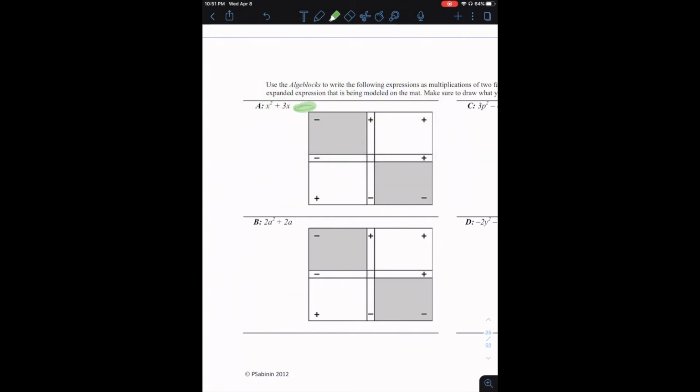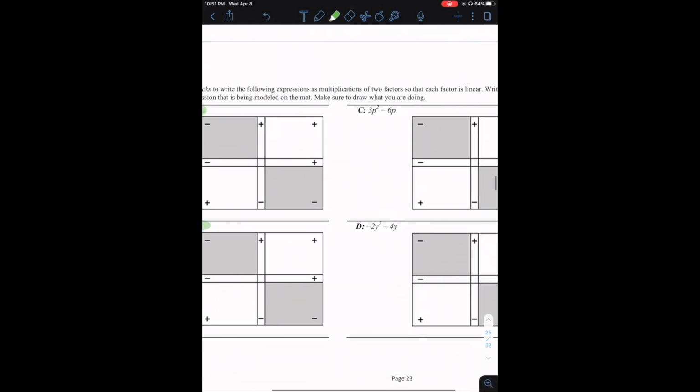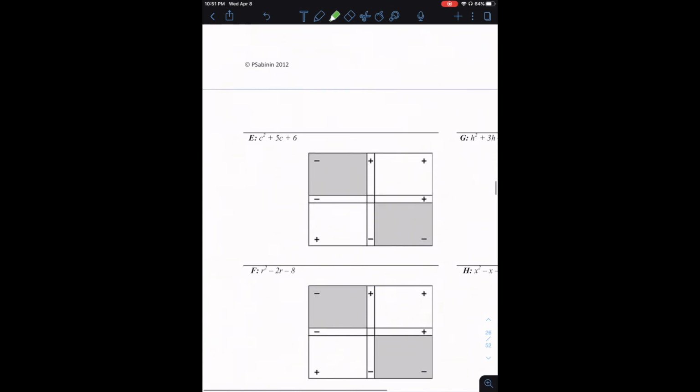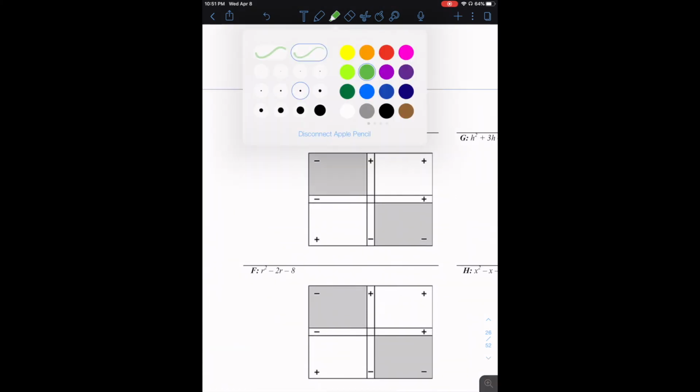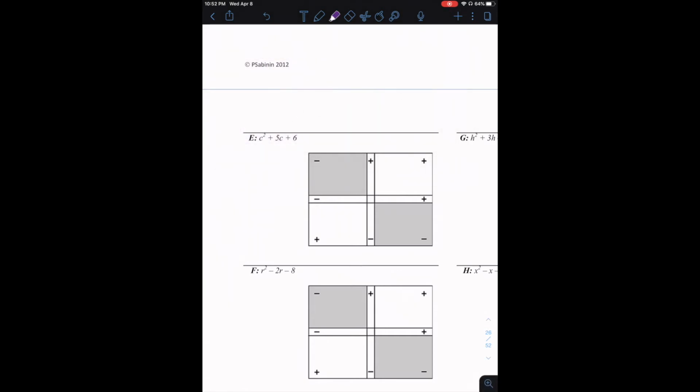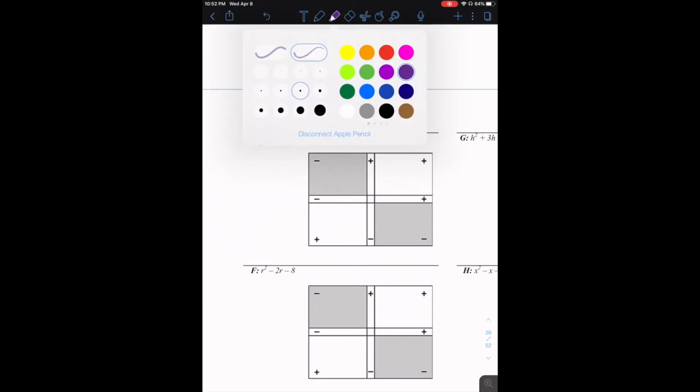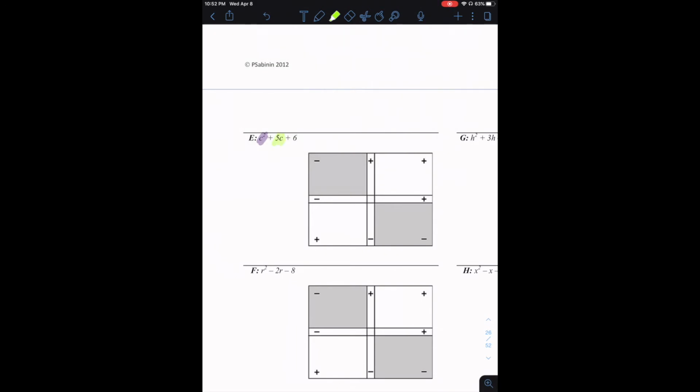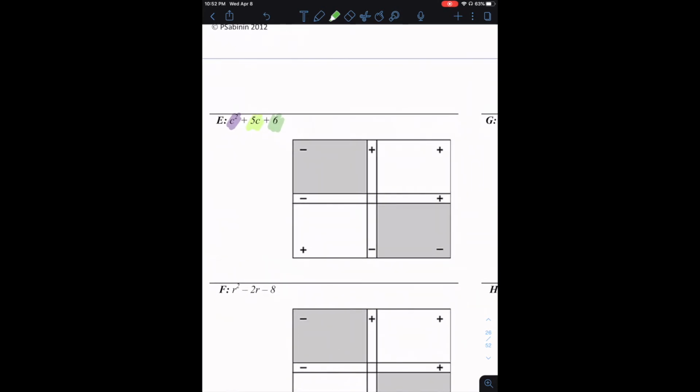the ones, and here we're missing the ones, and here we're missing the ones. So we'll get back to those. Those aren't exactly trinomials, but this one is. So notice that you have the c squared, and then we have the c's, and then we have the ones. And these ones over here seem to all be positive, so they're all going to be in one quadrant.